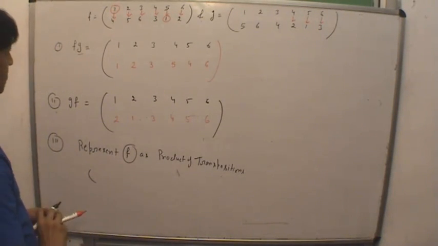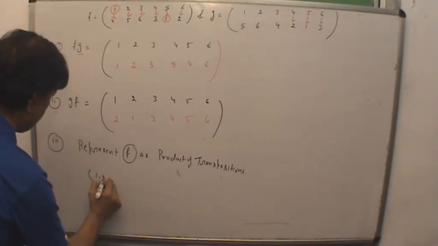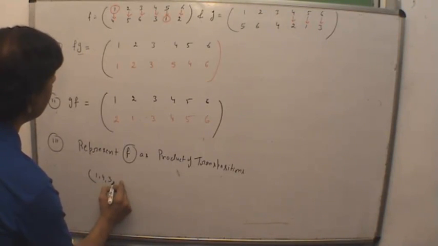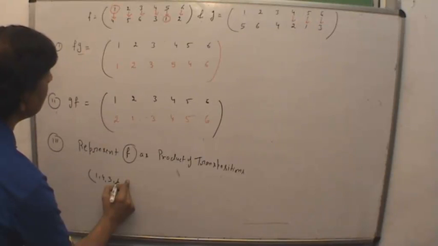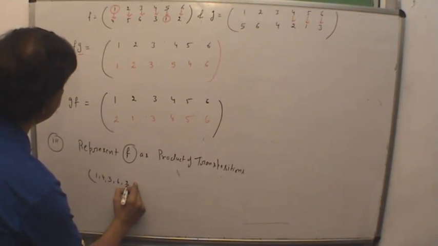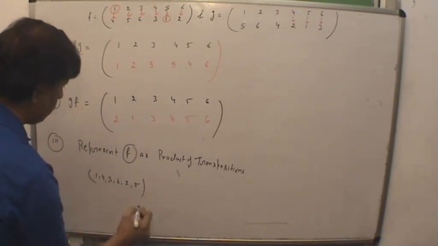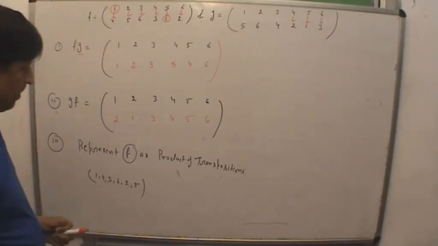Then we write it in this way: 1, 4, 3, 6, 2, 5, and don't repeat the 1.